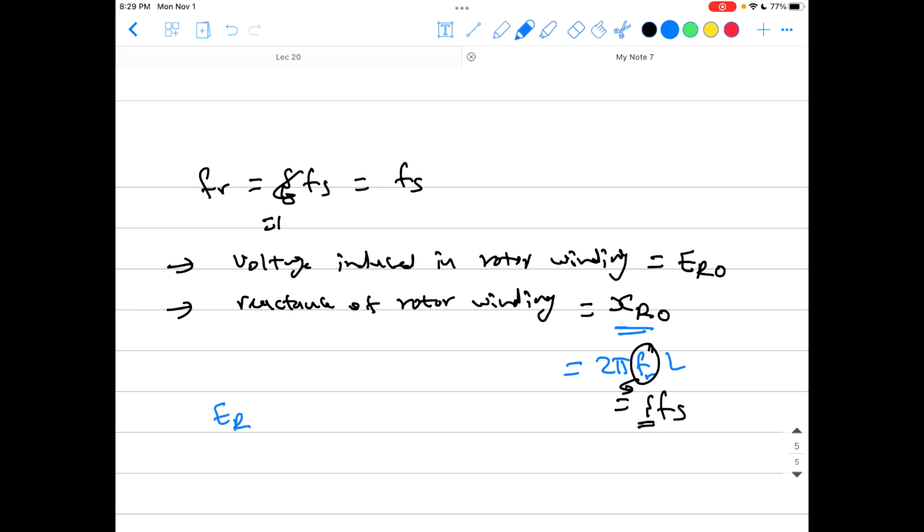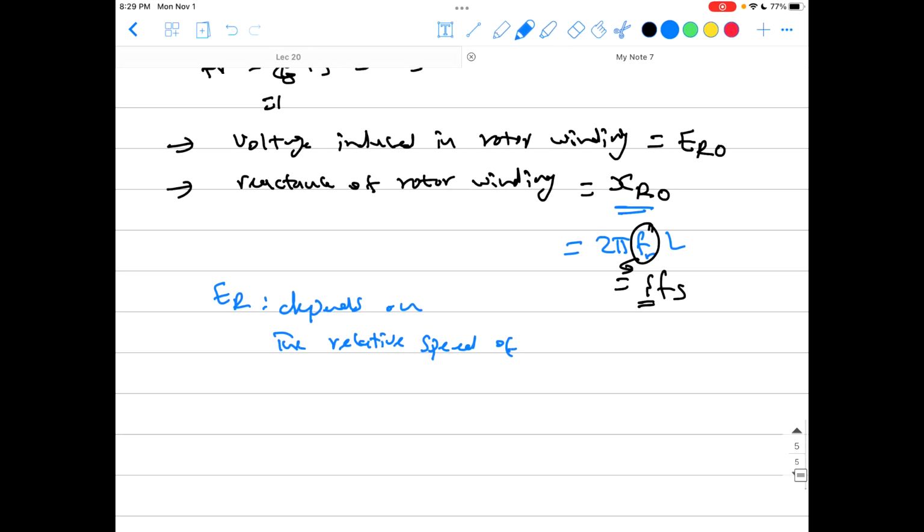E rotor, the induced voltage of the rotor winding, depends on the relative speed of the stator magnetic field and the rotor winding. Because like we said, this induced voltage depends on how much change in the magnetic field is seen by the rotor winding.